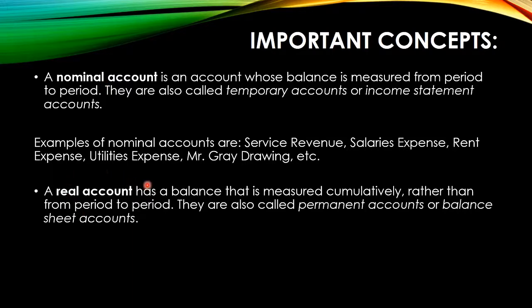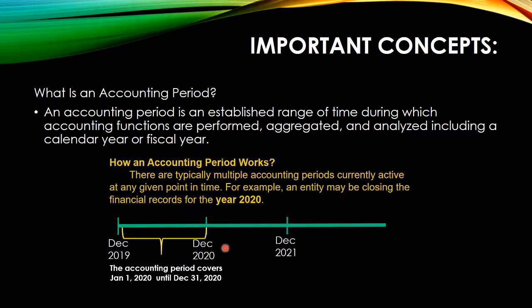While real accounts are the asset, liability, and owner's capital account titles. Okay? Because like in our example earlier, if it is not part of the income in the year 2020, it will be part of the liability, right? So therefore, liability is a real account and income is a nominal account. And they will form one adjusting entry. Okay?